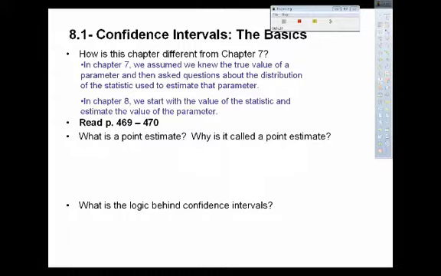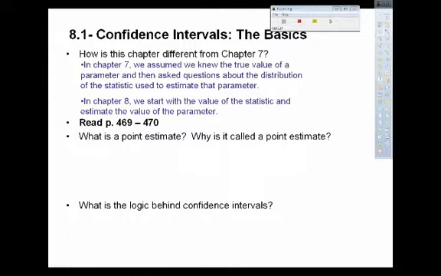Okay, so what is a point estimate? A point estimator is a statistic that provides an estimate of the population parameter.